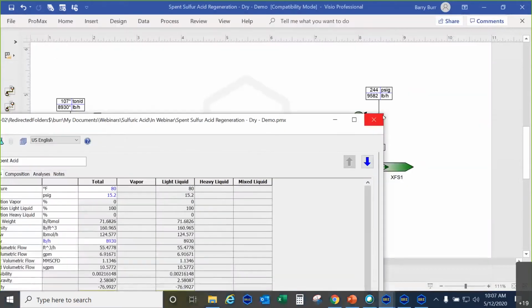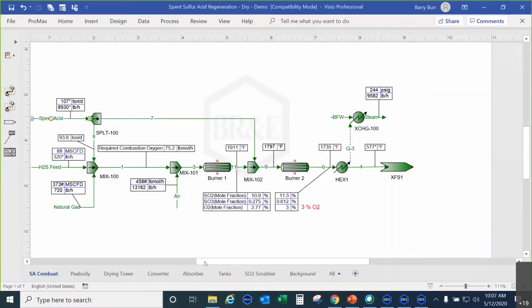We feed that along with air to provide the combustion oxygen, and we're going to provide the combustion oxygen to an amount that gives us 3% oxygen at the outlet. So we're going to combust completely all the sulfur. There's also some H2S feed.